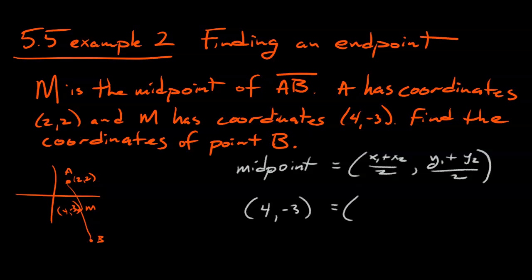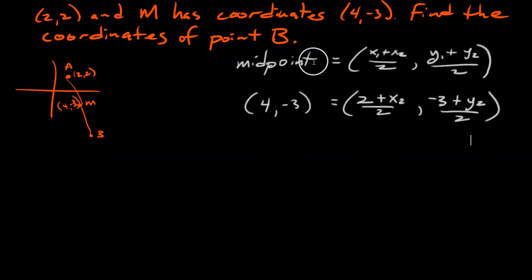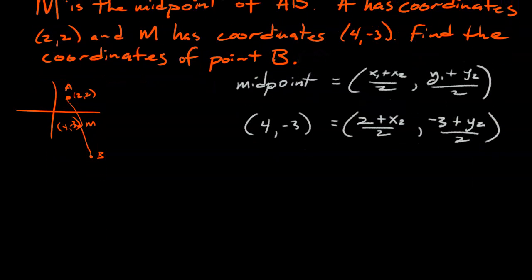And then I know x1 and y1. So basically I'm missing x2 and y2 because that's point B. So I'm going to set this up as two problems. I'll color code this to help you organize it. I'm going to find x's in green, and the y's in pink.